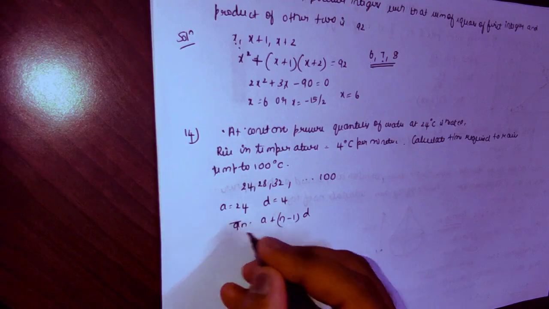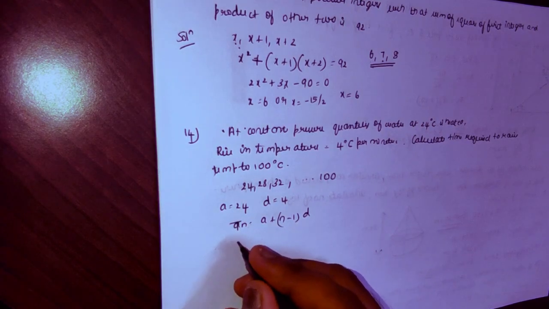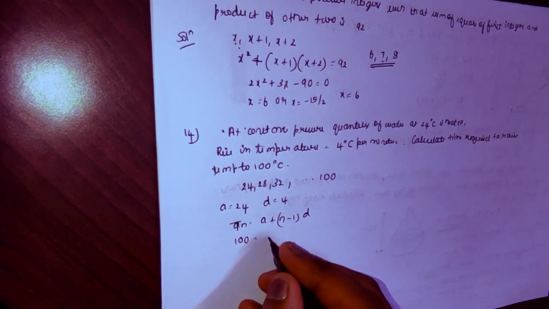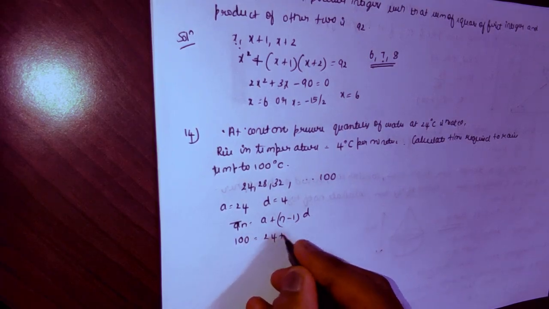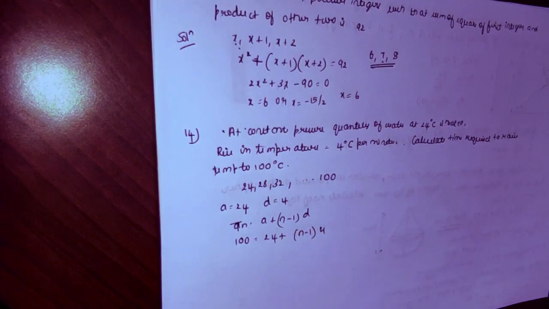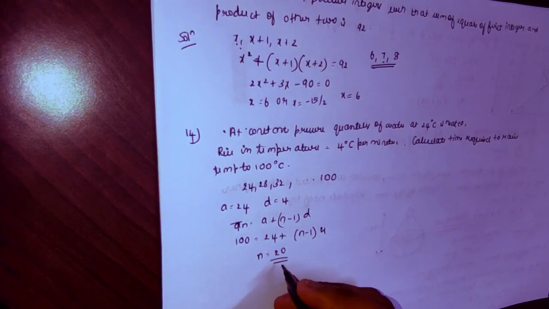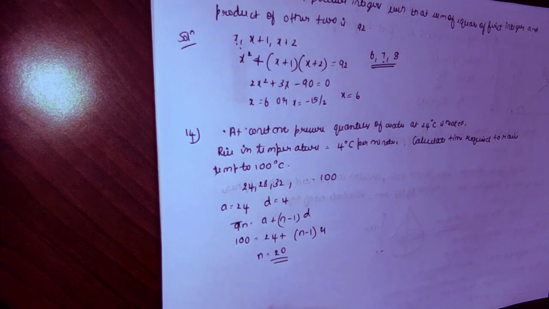We take it as T because here the asked quantity is temperature. We substitute Tn is 100, the last 100 degree, 24 plus n minus 1 into 4. We will get the value of n is equal to 20. So the time required to raise is 20 minutes.